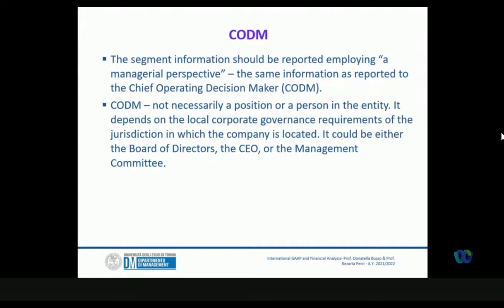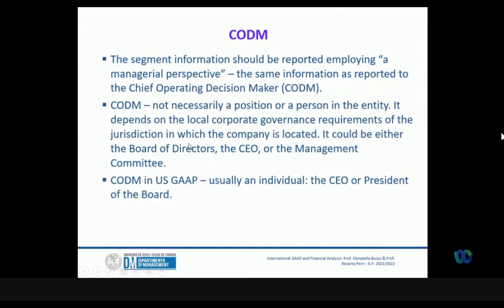It may be the management committee or any other structure specific to various corporate governance requirements in the different jurisdictions where the company is located. The chief operating decision maker, for example in US GAAP, is usually an individual. Very often it is the CEO or the president of the board of directors.